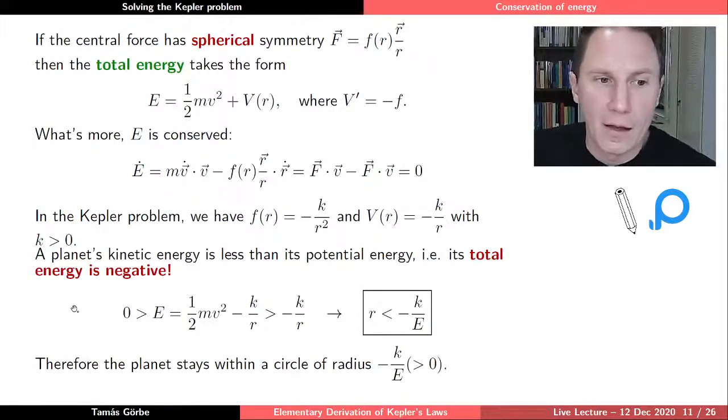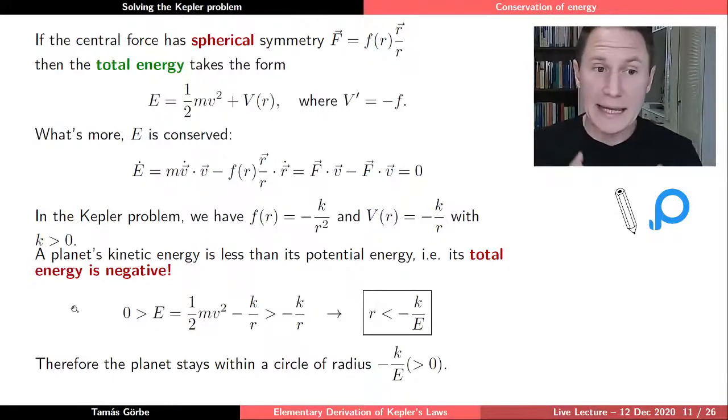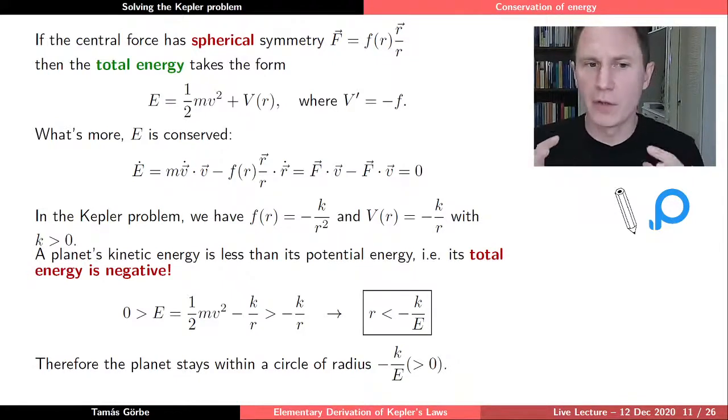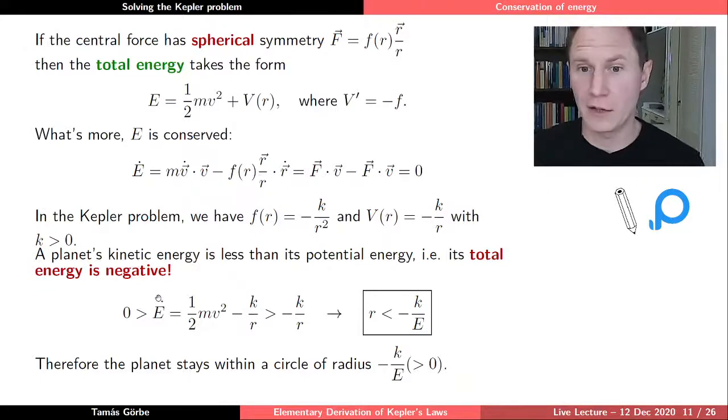Because a planet is staying on its orbit around the sun. So in order to have a planet gravitationally bound into an orbit around the sun, it has to have a negative total energy.